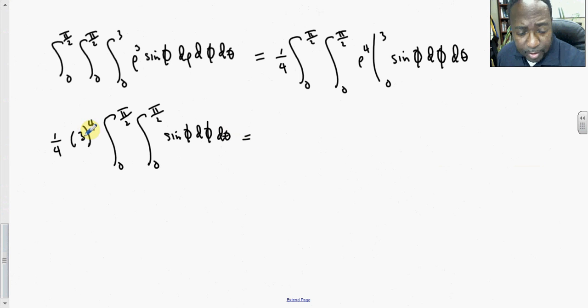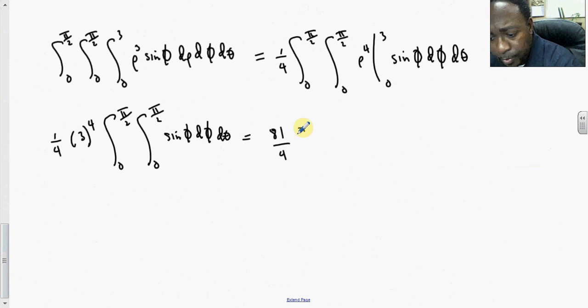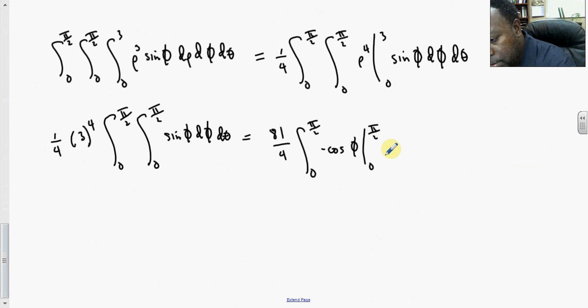So this gives us 81/4, the integral from 0 to pi over 2. We integrate sine, gives us negative cosine phi, evaluated from 0 to pi over 2, d theta.